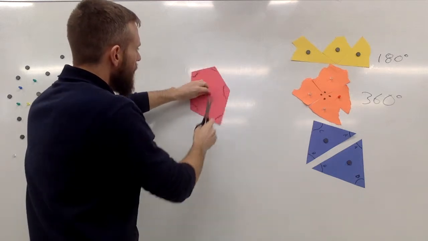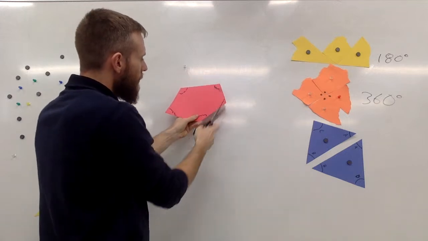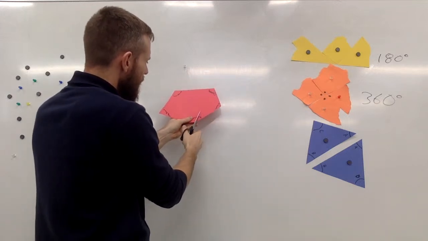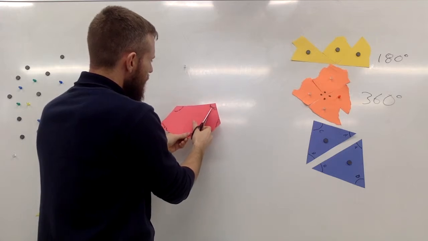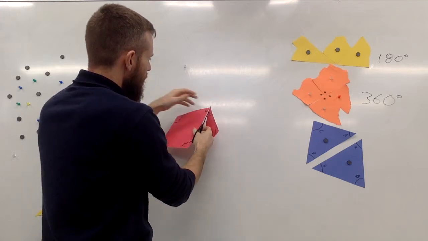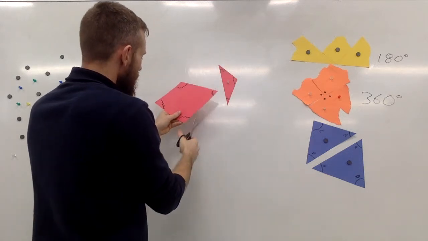So what I'm going to do is cut this again, and this time, let's see, if I start from one corner, how many triangles I can get out of this. Well, if I cut this here, that gives me one triangle.